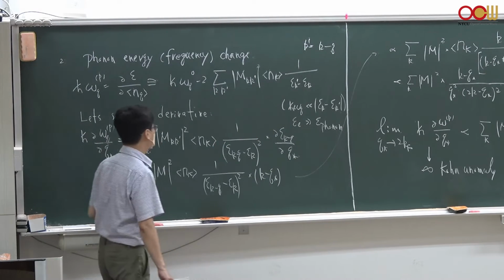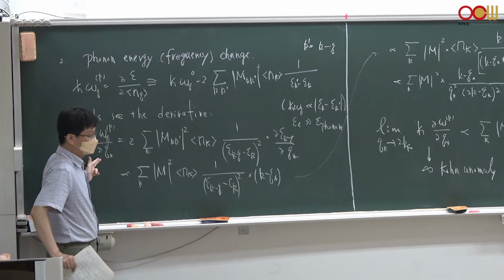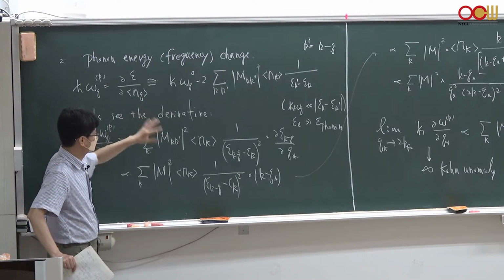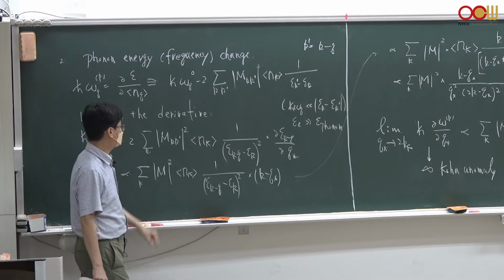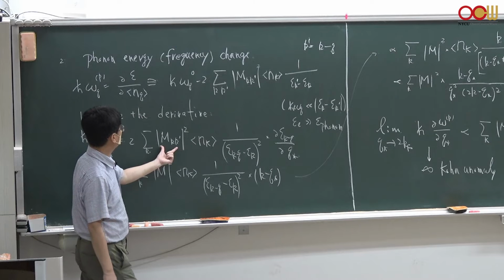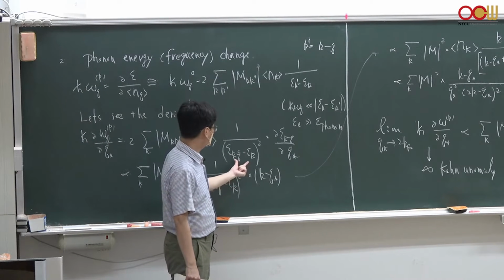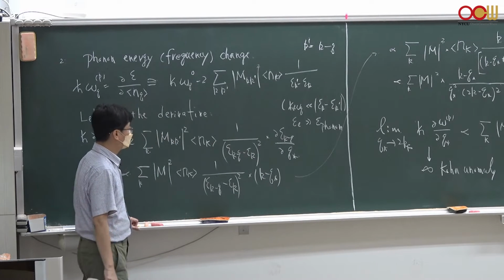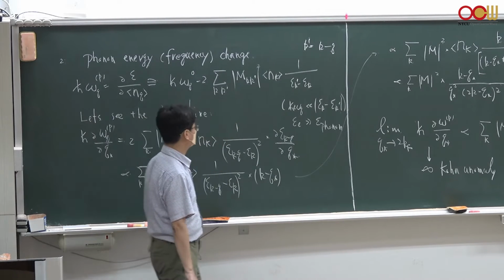This way. So let's take the derivative of the frequency of the single phonon with respect to this momentum q at a particular value q star, and you could simply take this derivative, and you find that this is given by this matrix element squared times n_k, and the square of the energy difference in the denominator, multiplied by the derivative of the single electron energy ε_{k-q} with respect to q star.